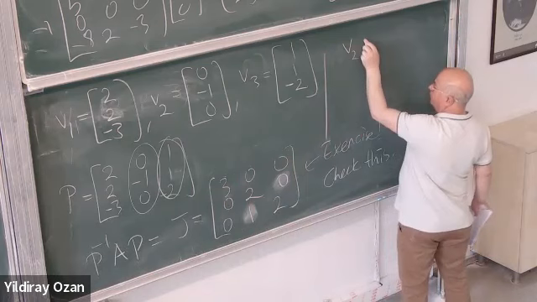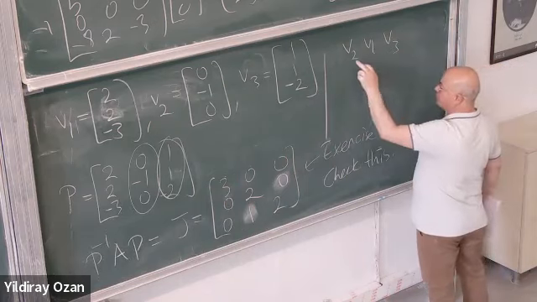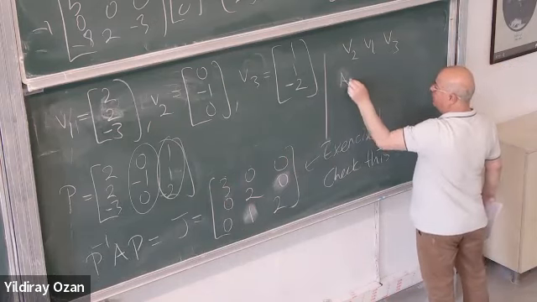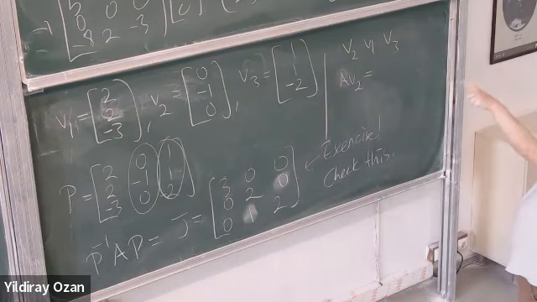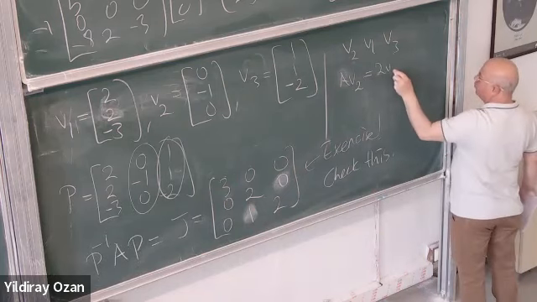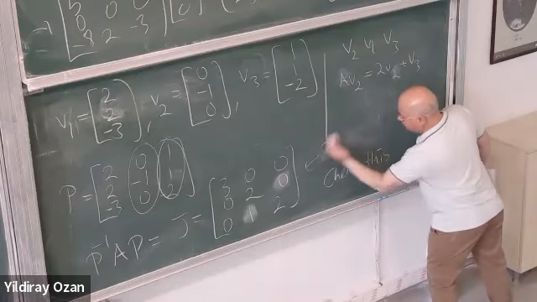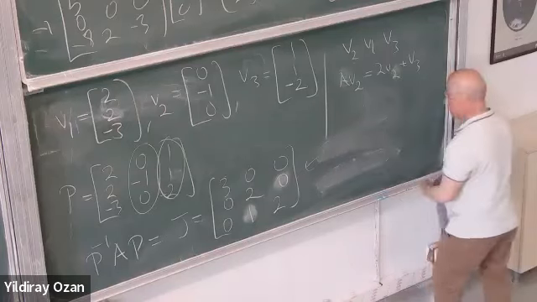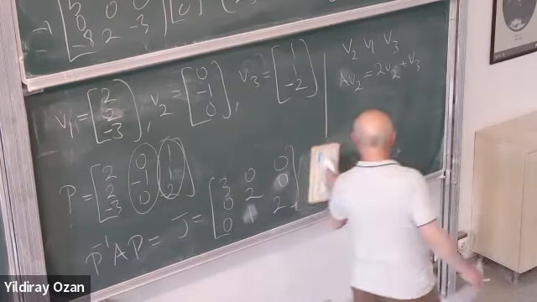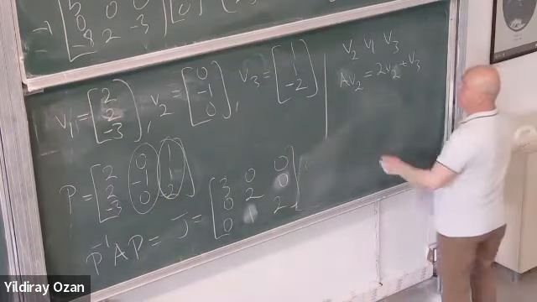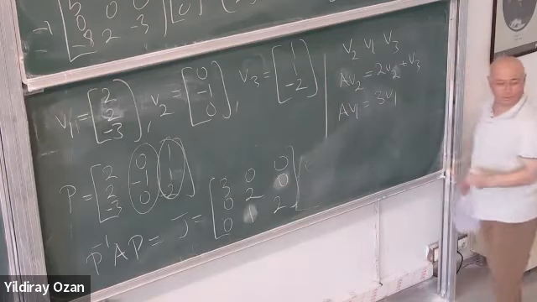A times V2 is just 2V2 plus V3. A V1 is just 3V1.